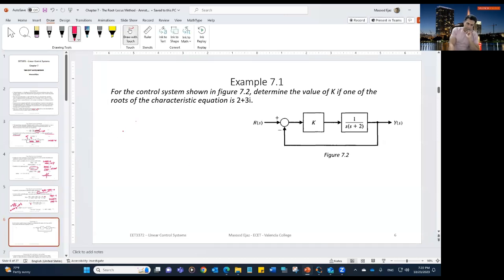So the characteristic equation is 1 plus K times G(s). G(s) is 1 over s plus 2. And to calculate the roots of the characteristic equation, of course, we equate it to 0.